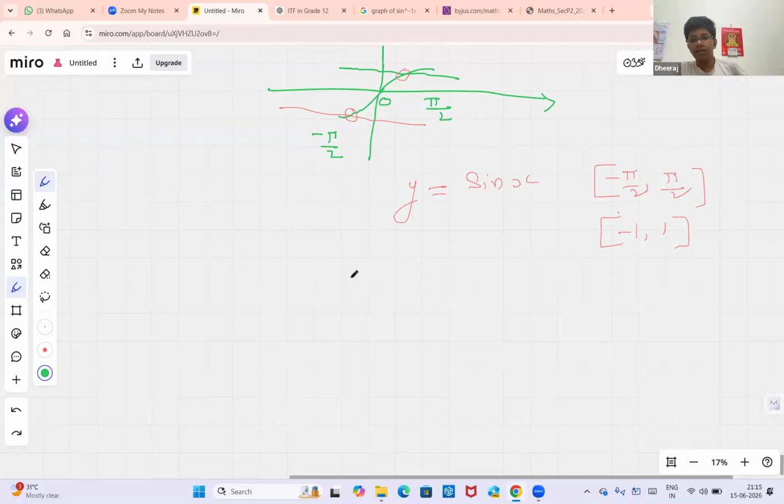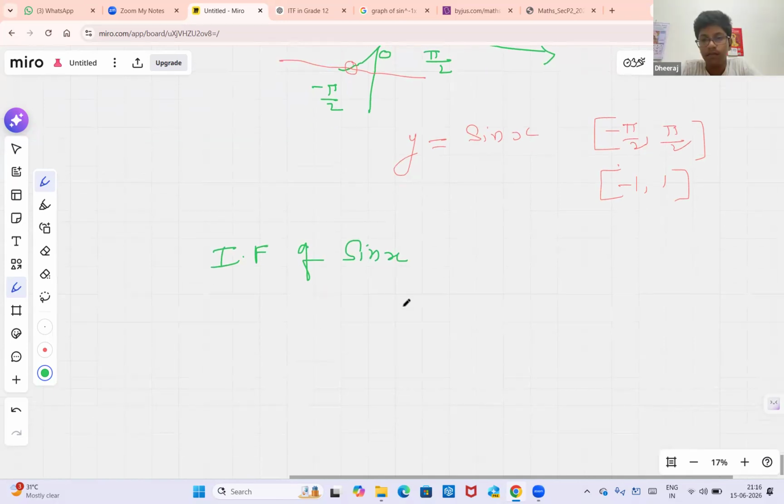Okay. So y equal to sine x is a function in minus pi by 2 to pi by 2, with range minus 1 to 1. So definitely now the inverse of this will exist. The inverse function of sine x will exist.